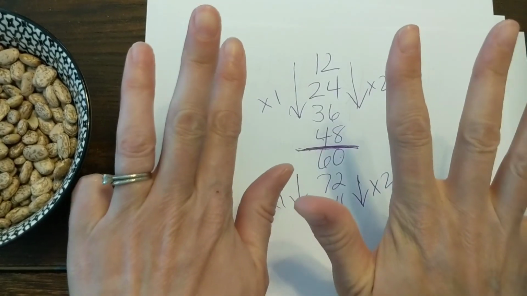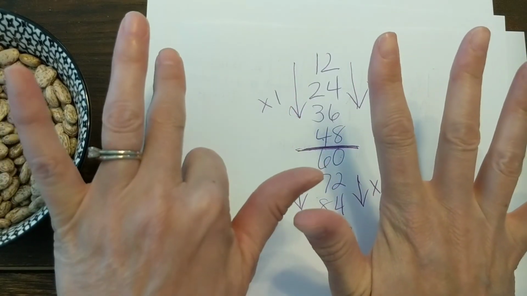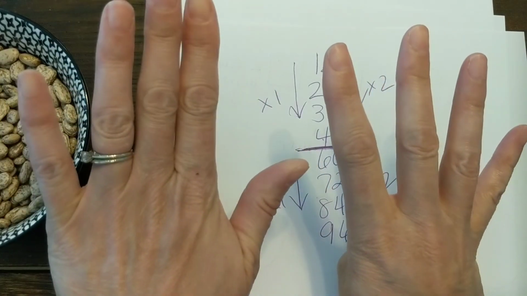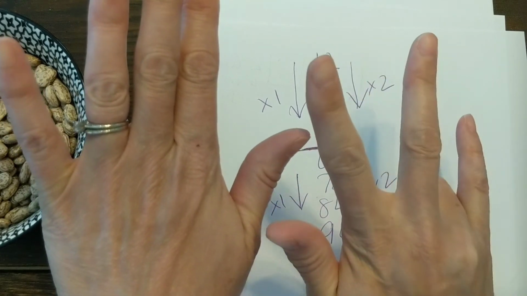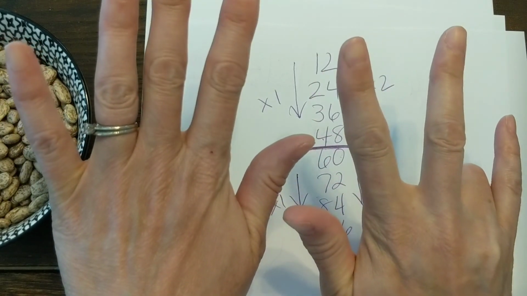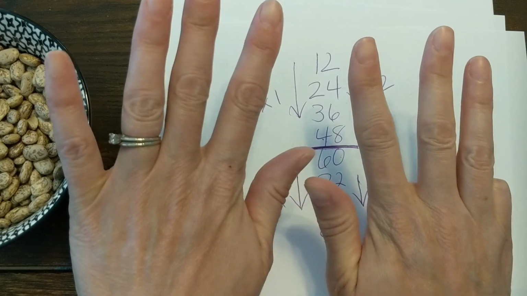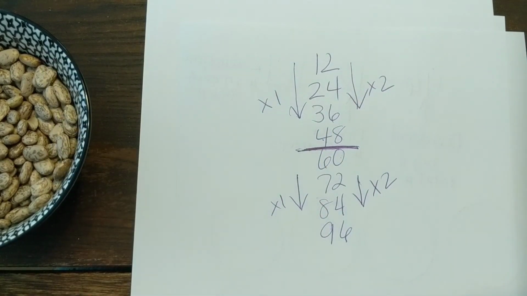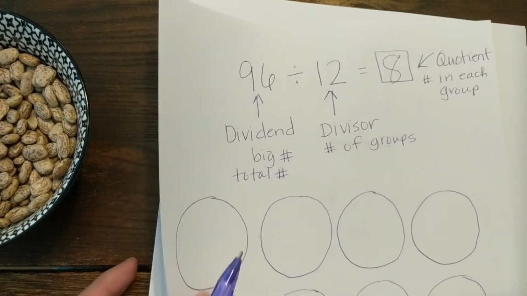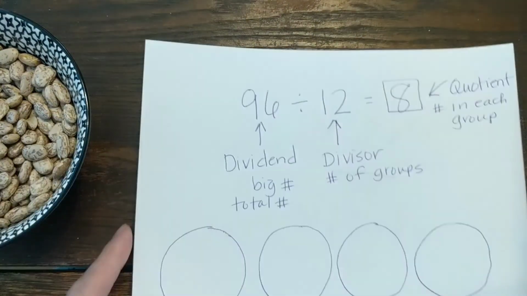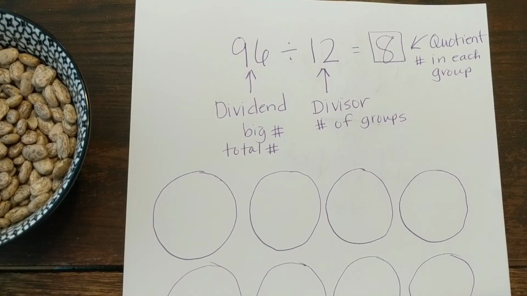This is probably better. 9 times 1, 9 times 2, and so on up to 9 times 9, and then 9 times 10 would be 90. So anyhow, maybe you can find another strategy to help you. But I just wanted to remind you of different ways to divide and different ways to multiply using manipulatives.